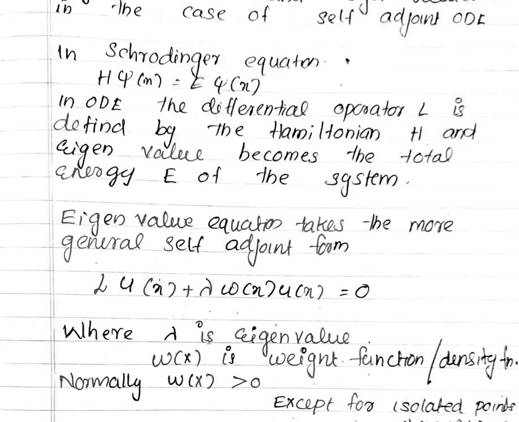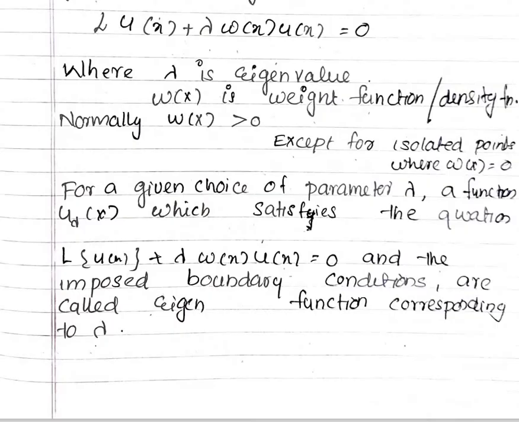Normally w of x is always greater than 0. For some isolated points, w of x can be equal to 0, but normally we consider the case where w of x is greater than 0. For a given choice of parameter lambda, a function u of x which satisfies the equation L u of x plus lambda w u of x equals 0 and the imposed boundary conditions is called an eigenfunction corresponding to lambda.